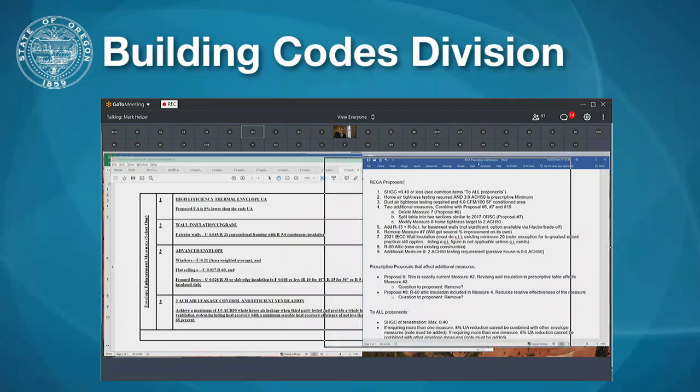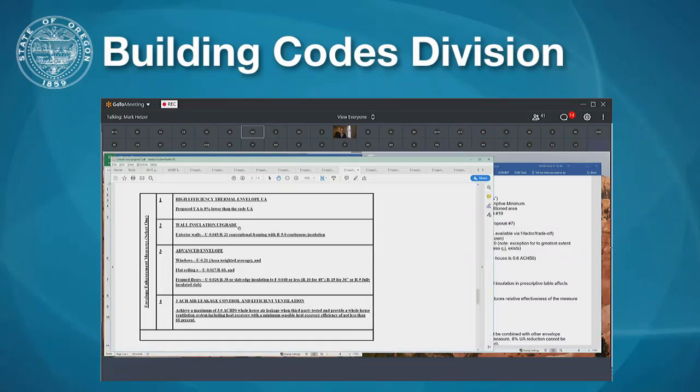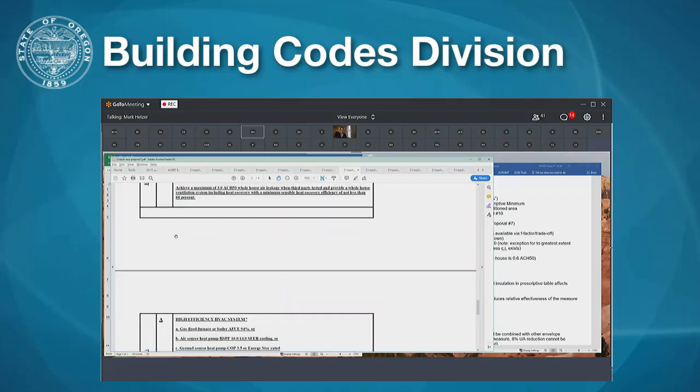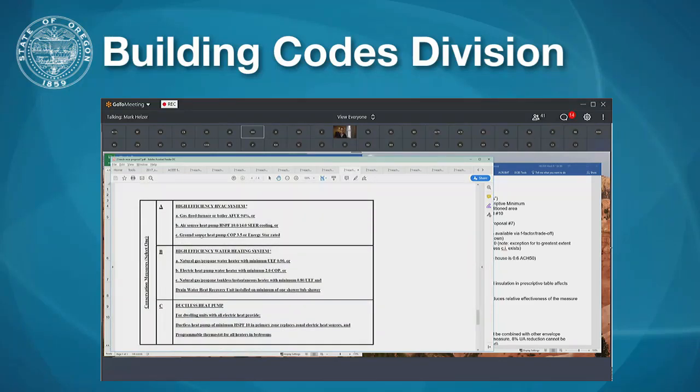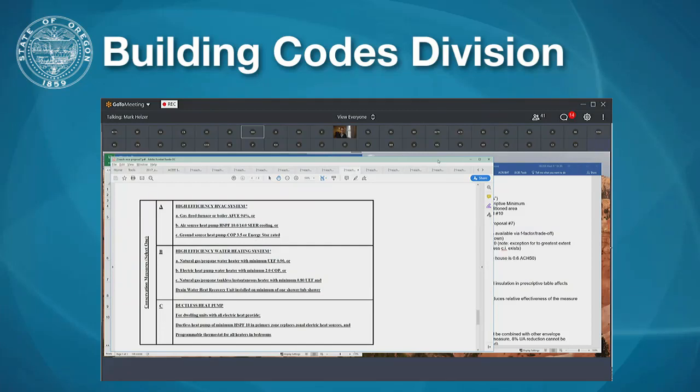What I've got up now is the table showing that you have split the table into envelope measures and equipment efficiency measures, dividing the two. And of course, everyone has gotten rid of what was the 2021 code additional measure 7.